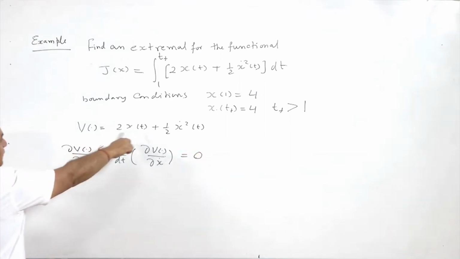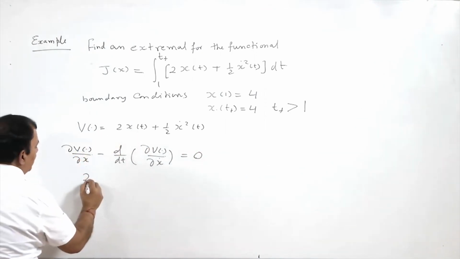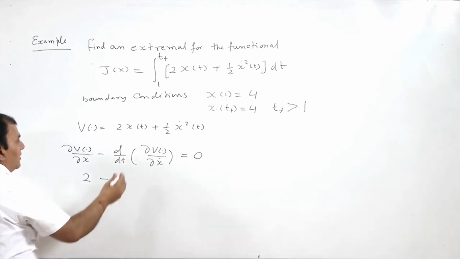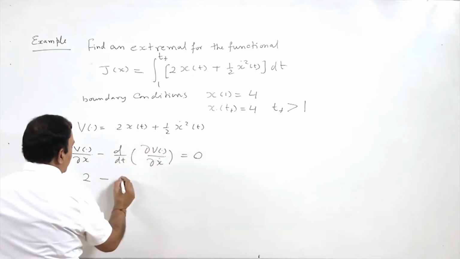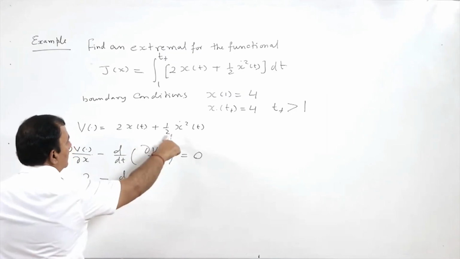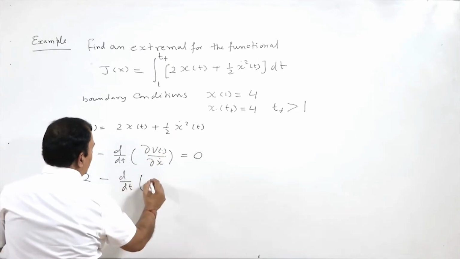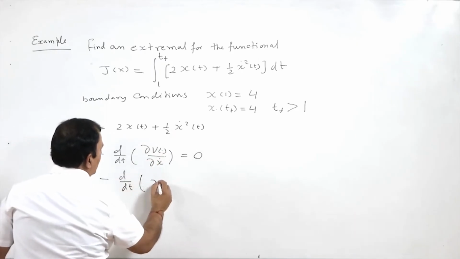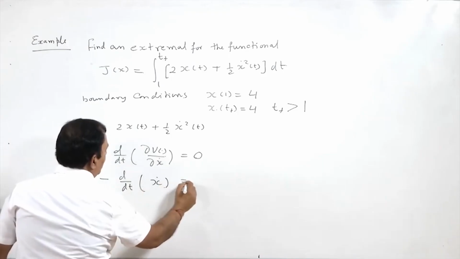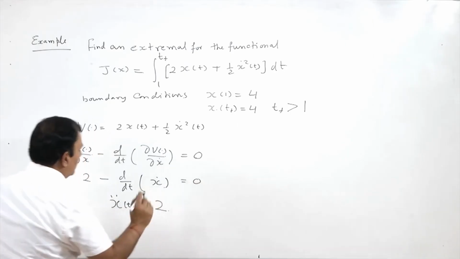So, with this value of V, ∂V/∂x is 2, minus d/dt of ∂V/∂ẋ. So, this is nothing but giving you ẍ equal to 0. So, my equation is ẍ(t) equal to 2.